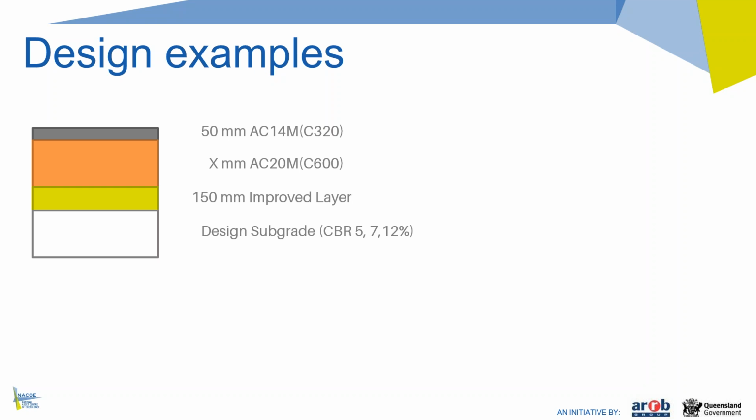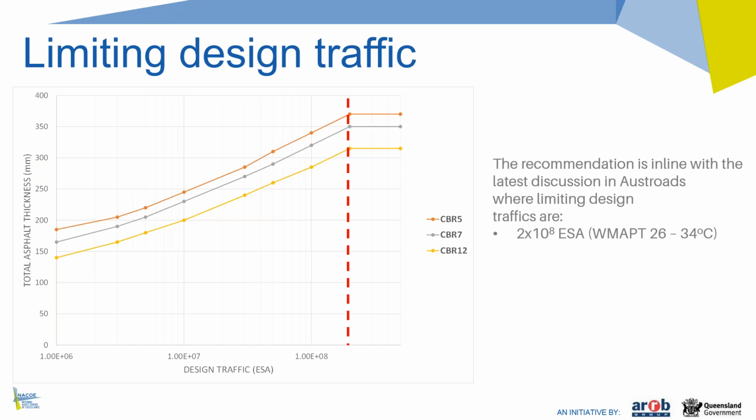So that's all three example pavement profiles that I presented. This is a graph showing how the total asphalt thickness plateaus and levels off at 200 million ESA.